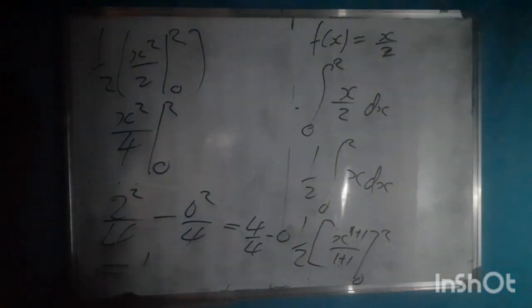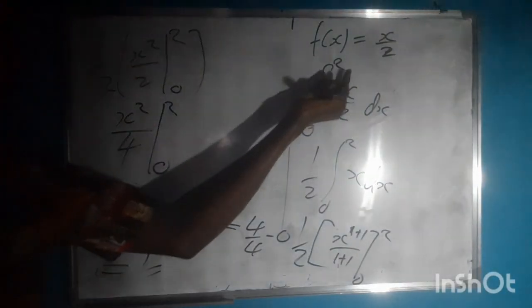If you put the value of x to be 2, you have 2 raised to power 2, minus 0 raised to power 2, all over 4, which will give you 4 over 4 minus 0, which will give you 1. So since the integral over the range of 0 to 2 of this probability density function gives us 1, we call it a proper PDF.